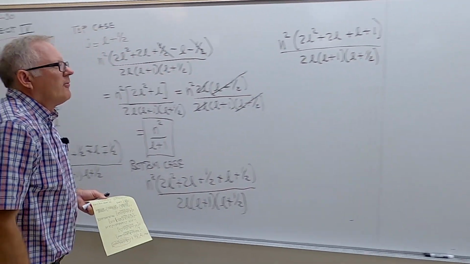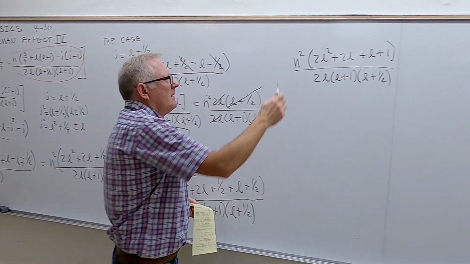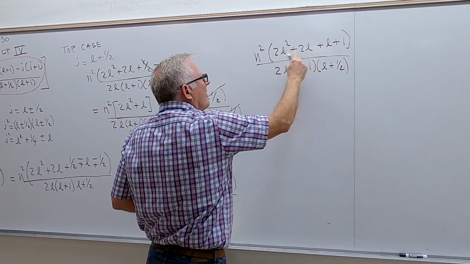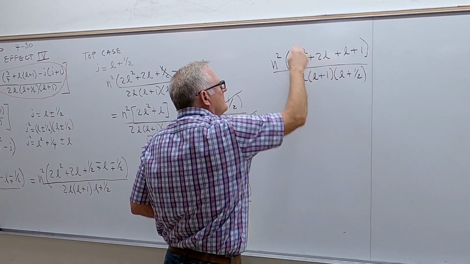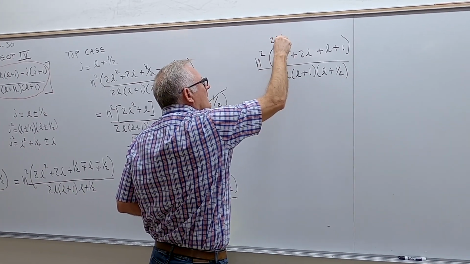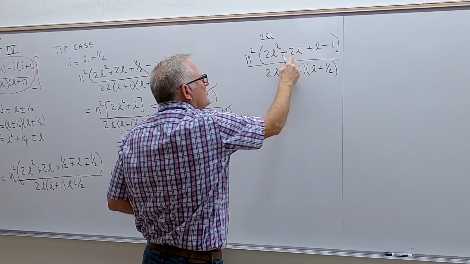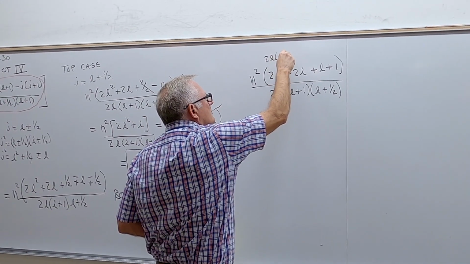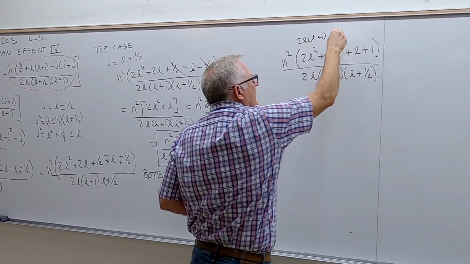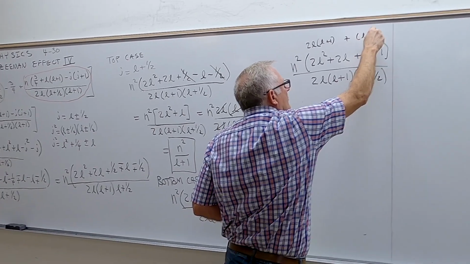Now, I can factor out of these two terms a 2L, and that would just leave L plus 1. And over here, I also have another L plus 1.